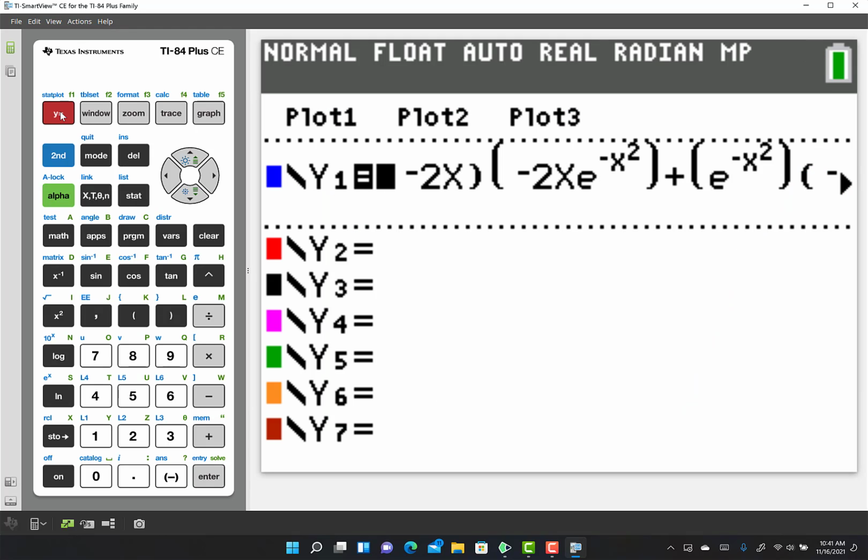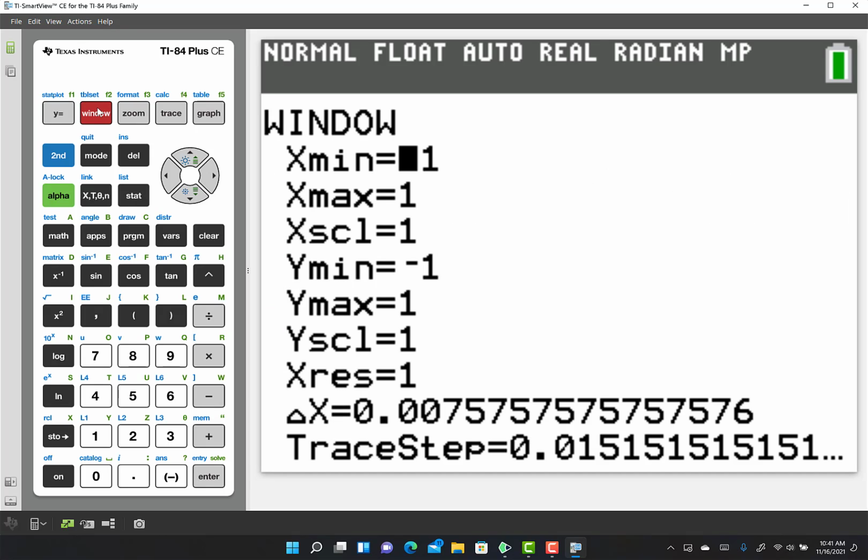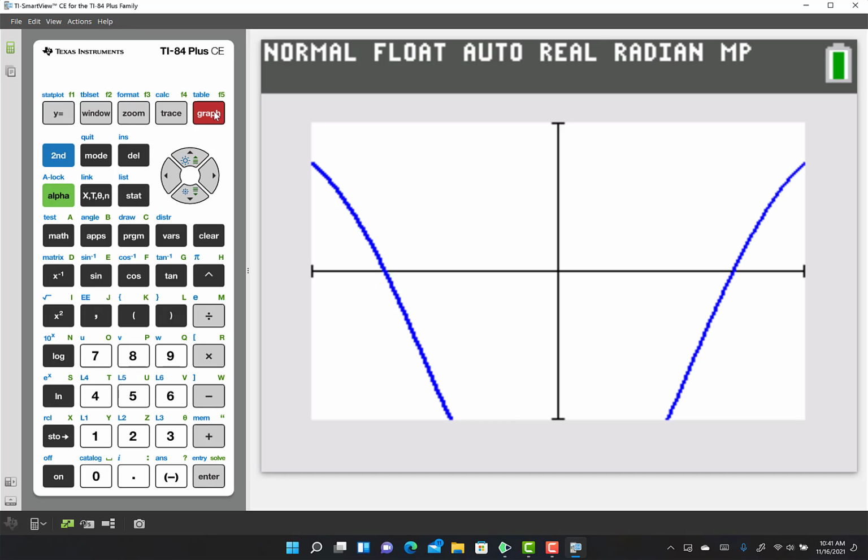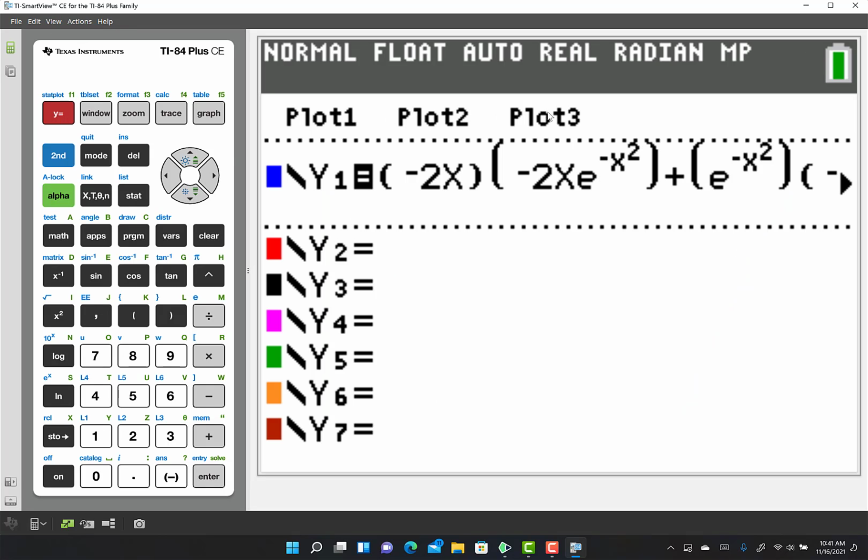Did you put that? Yes. Did you put that? Yeah. Did you put that graph? Do you have a plot on? You see on the top, my plots are off. Plot 1, plot 2, plot 3. Maybe you're not using a negative.